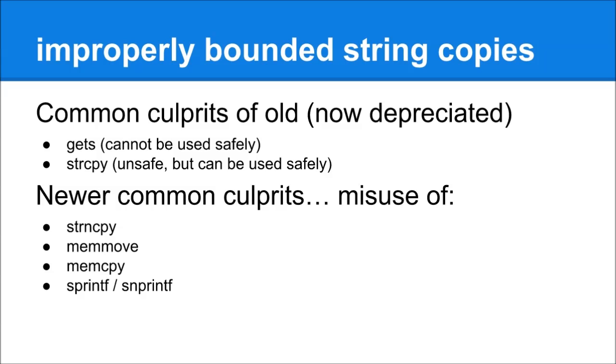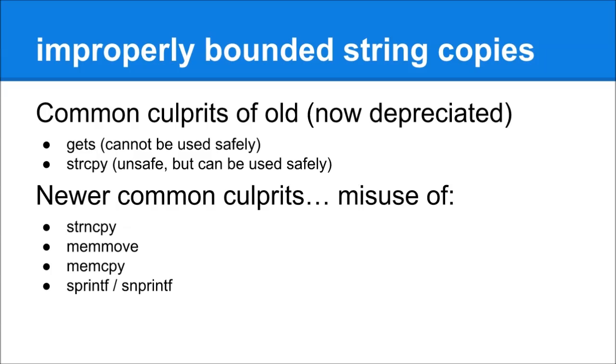So for improperly bounded string copies, the culprits of old are really gets, which can never be used safely, and strcpy, which can actually be used safely if the source string is statically defined in the source code, like char[10] equals "hello" with a null terminator.